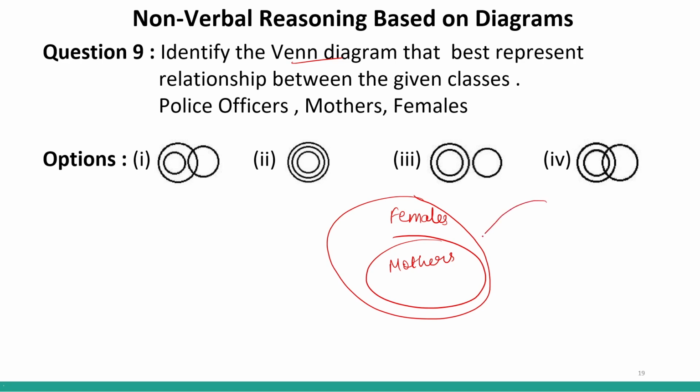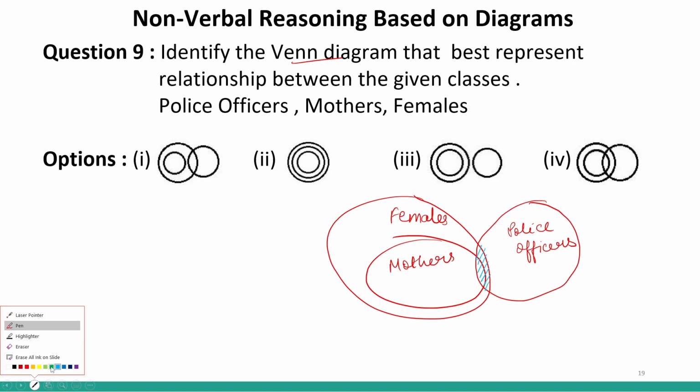Now we will have certain police officers, right? Certain police officers will be female. So this represents the portion of police officers that are female. Similarly, there will be certain police officers that are mothers as well. So there will be certain police officers that are mothers, that is represented by this section.